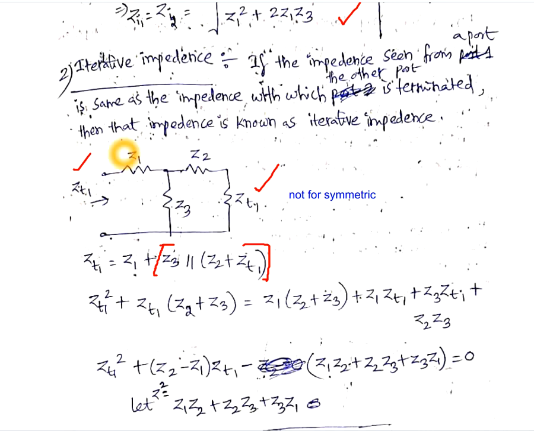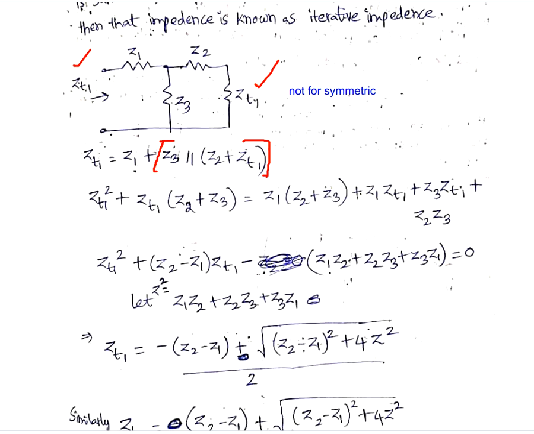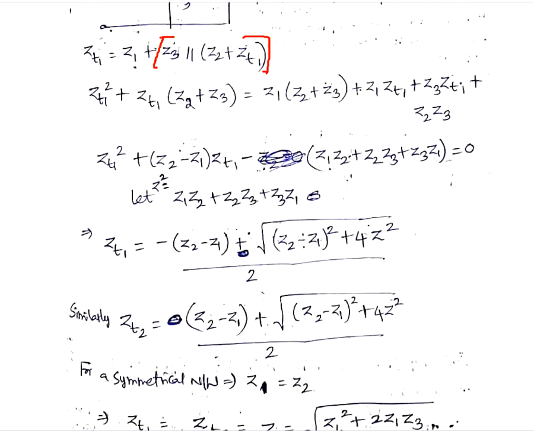The total combination is in series with Z1, that is what is given here. If you simplify this equation, you will get one algebraic equation. And one more thing here, we are assuming that Z square is Z1 Z2 plus Z2 Z3 plus Z3 Z1, just to avoid this complex equation, we have considered this entire term as Z square.